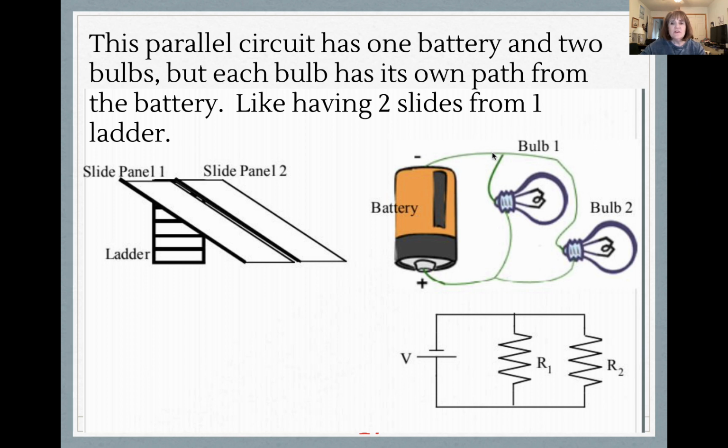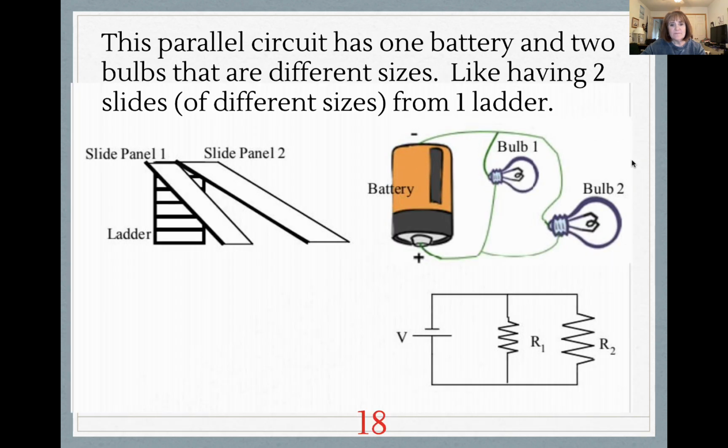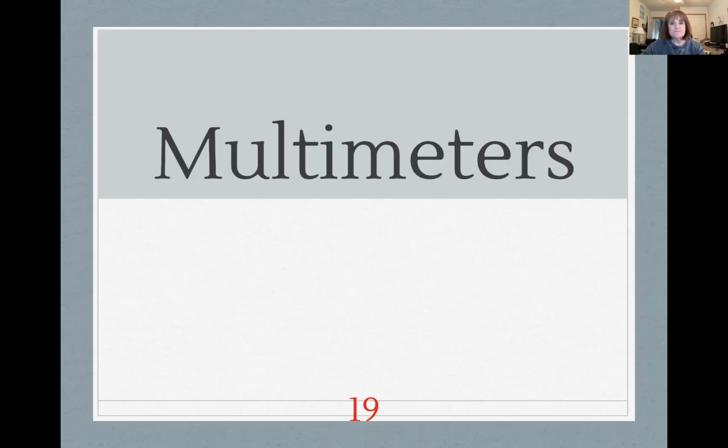Notice here is the junction where both light bulb 1 and light bulb 2 are attached to the battery separately, not together. Same thing, you could have more than one bulb that has different resistance.